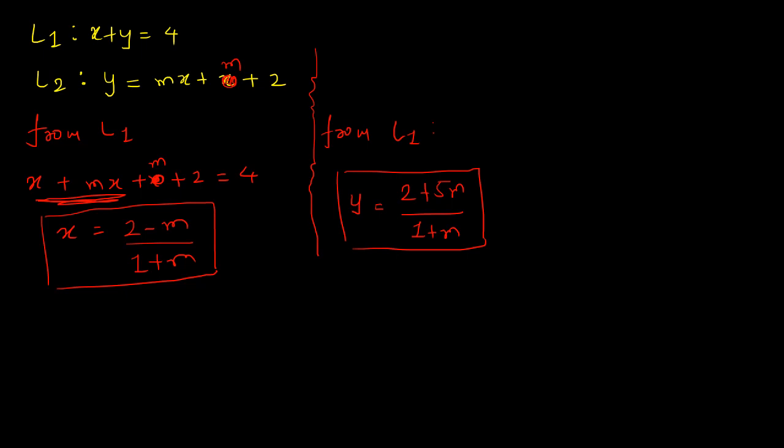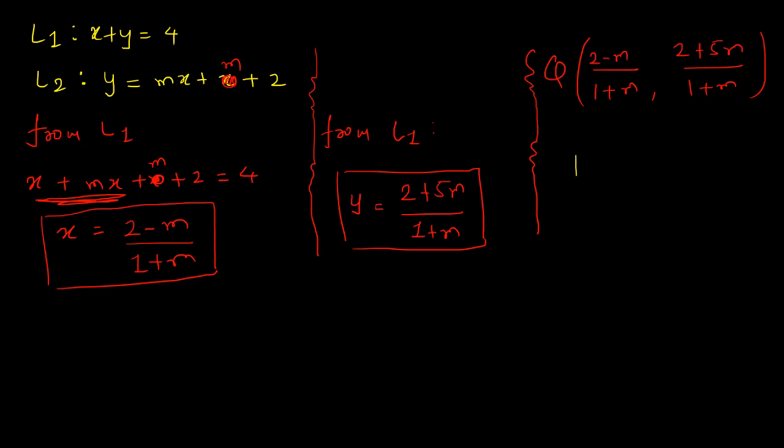So we have the coordinates of Q. Q has coordinates 2 minus m upon 1 plus m, comma 2 plus 5m upon 1 plus m, right?